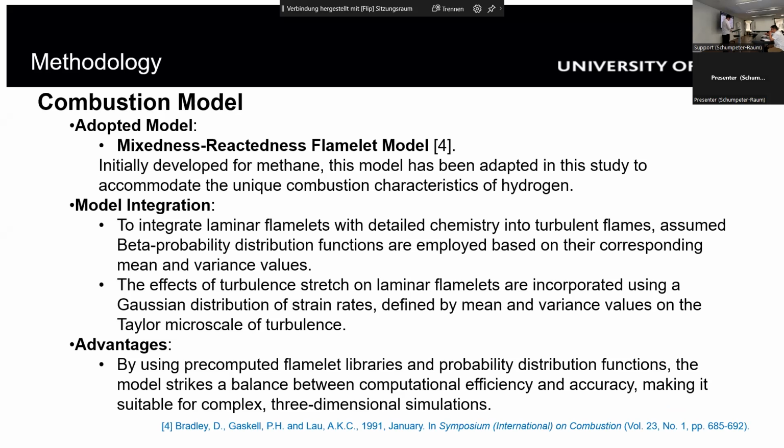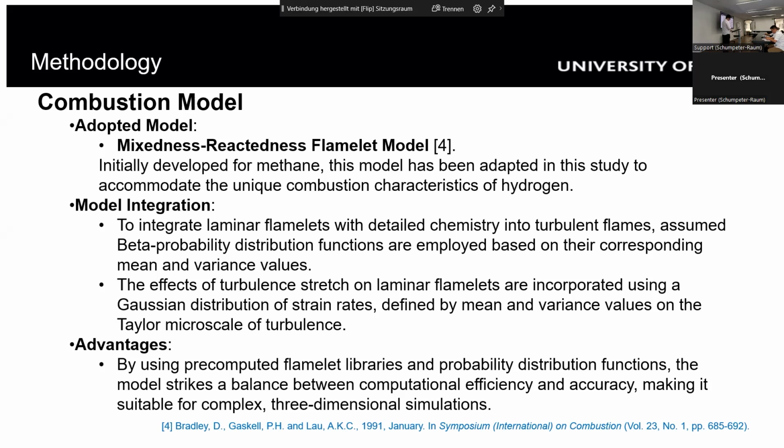combustion process. We use the mixedness and dissipation Fleming model. Initially, it's a model developed for methane, but adapted for hydrogen. In our study, this model allows us to compute the mean heat loss rate by integrating laminar flamelets with detailed chemistry into the turbulent flow, and we employed an assumed beta probability distribution function for mixedness, along with a Gaussian distribution of strain rate to consider the effect of turbulence stretch at the flamelet.